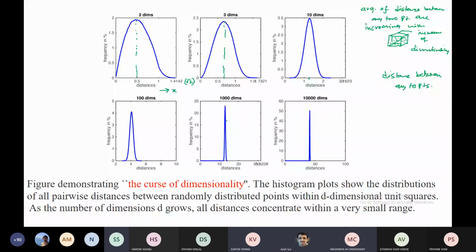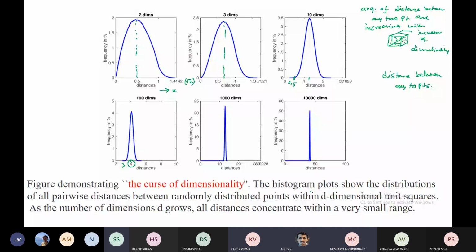Now you see at 100 dimensions it increased, it becomes 4, and there are no points near 0.5 at all. Getting the point? If it's 1,000 dimensions, it's narrowed down even more. The histogram plots the distribution of distances between randomly distributed points in a d-dimensional unit square.